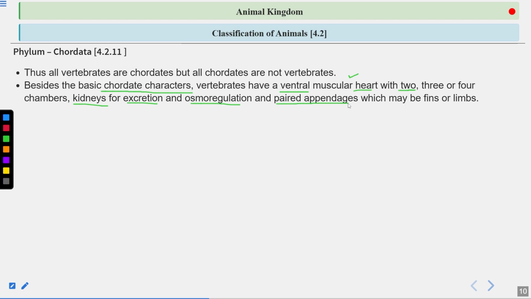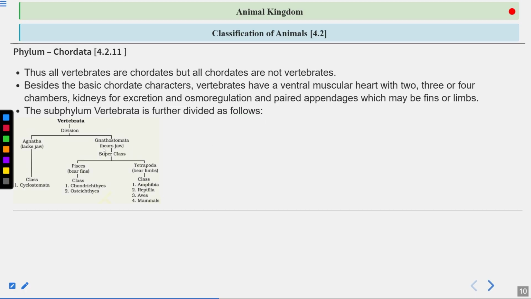Paired appendages. Now the subphylum Vertebrata is further divided as follows. Let us see the subphylum Vertebrata divisions. Here you can see Vertebrata. We are talking about the Vertebrata only. 2 divisions are there, Agnatha and Gnathostomata. Very important. Listen carefully.